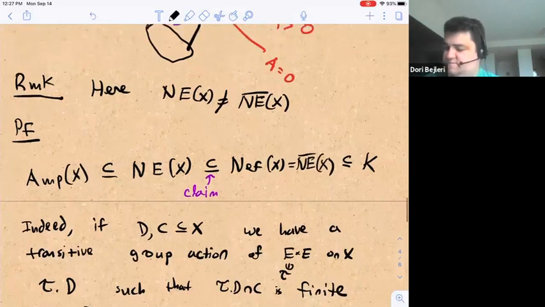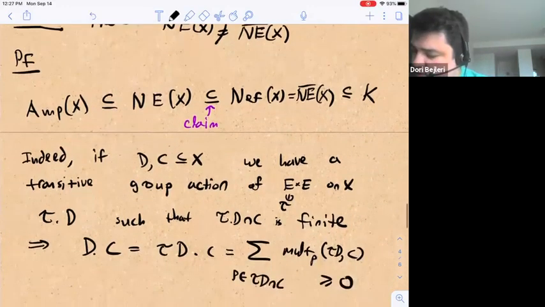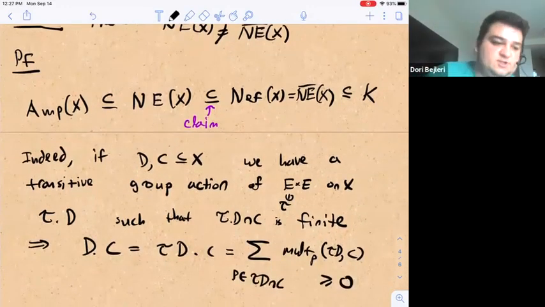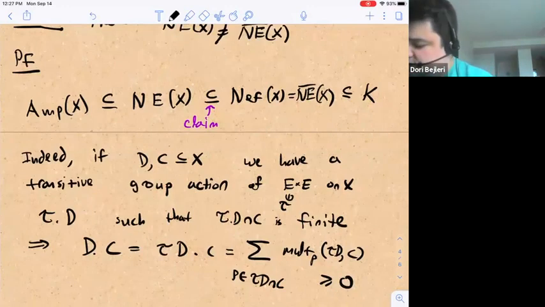Okay, so that was the first part: we have this sequence of inclusions that implies that Nef is equal to the closure of effective, and that it's contained inside of K by definition of being Nef. So next, we want to give an inclusion the other way to get this equality.